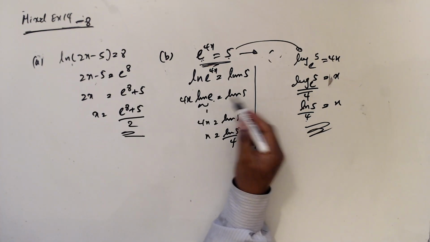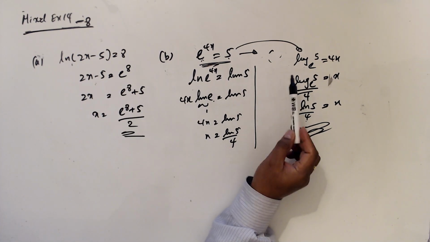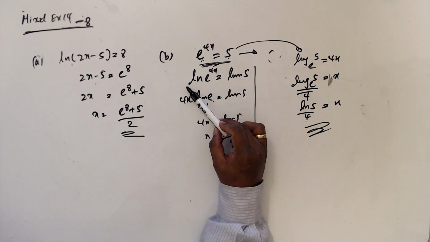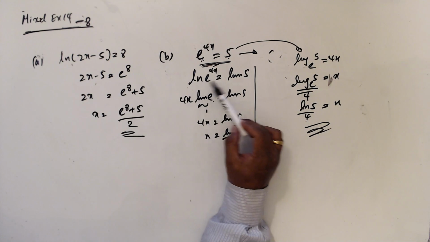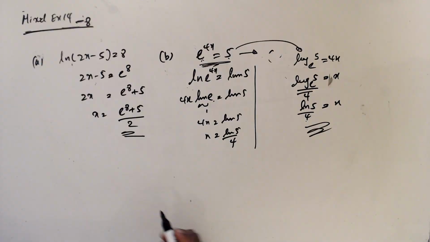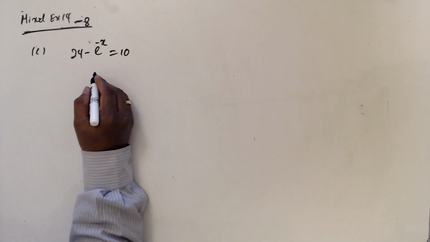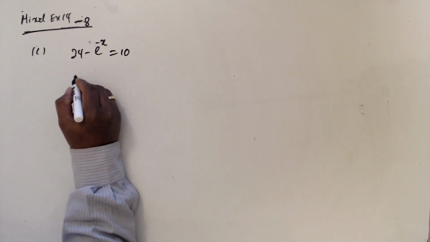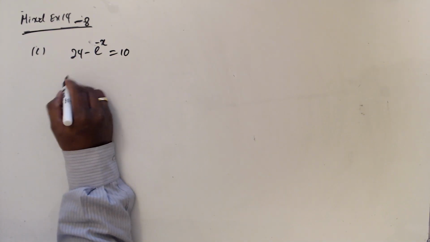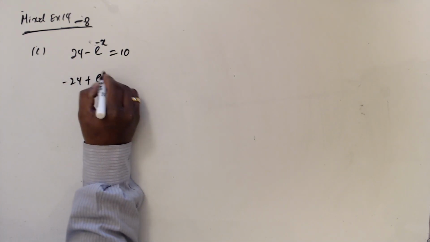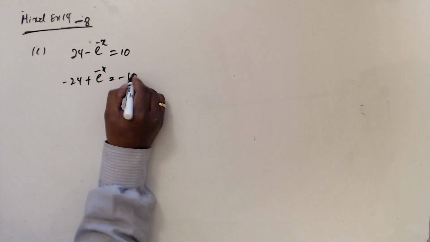Two different methods I apply. This is from the first principle. This is taking inverse, basically applying ln to both sides. Question number 8. I'll multiply by everything, minus 24 e minus x equal minus 10.